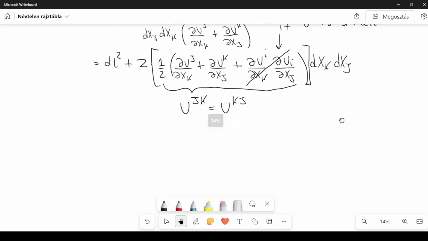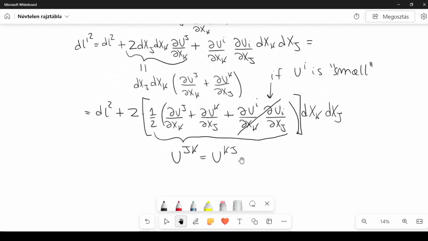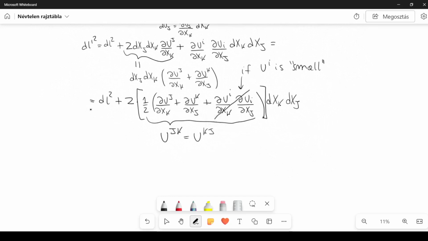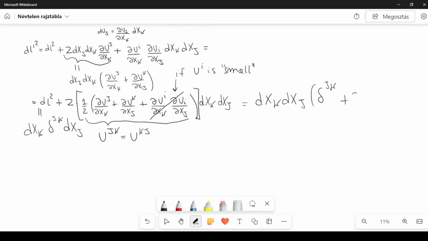And anyway, you can see that since dl squared can be written as dxk delta kj dxj, this can also be written in the following fashion: dxk dxj, then you have delta jk plus 2ujk like this.